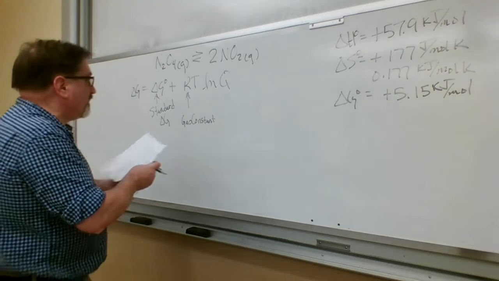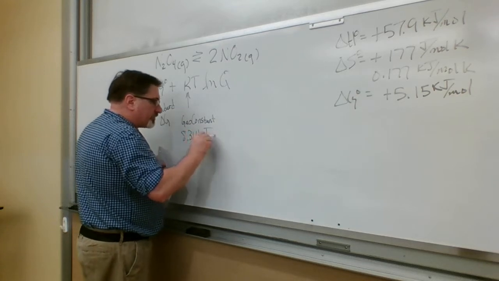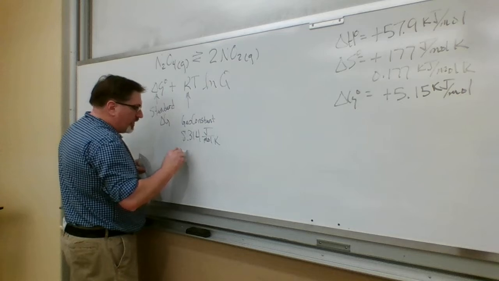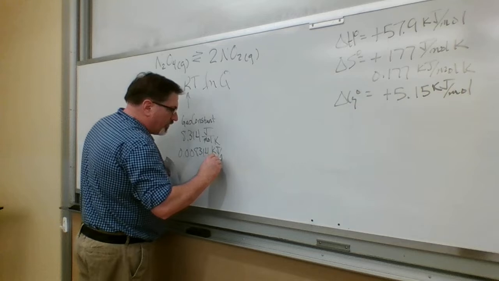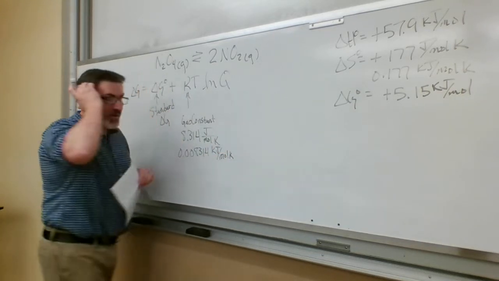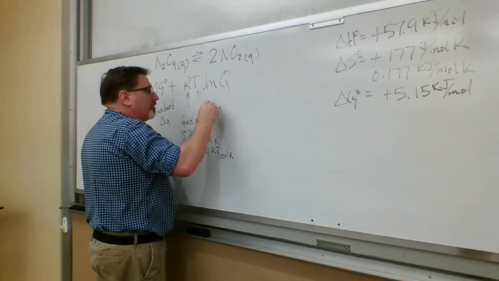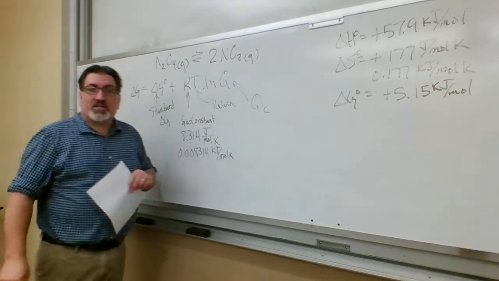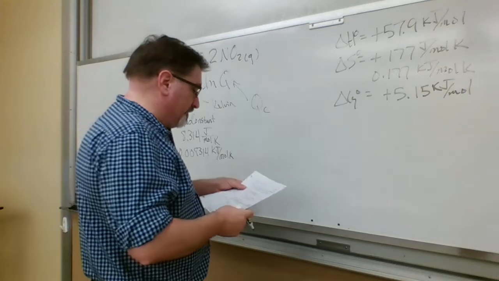So we need the energy version of the gas constant: 8.314 joules per mole Kelvin, or 0.008314 kilojoules per mole Kelvin, depending on how we're using it. Temperature has to be in Kelvin. And Q is QC, just like we've been doing before: products over reactants, each one raised to the power of their coefficients.